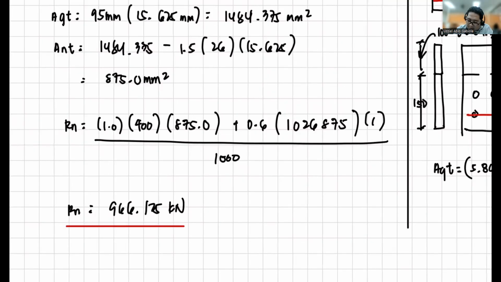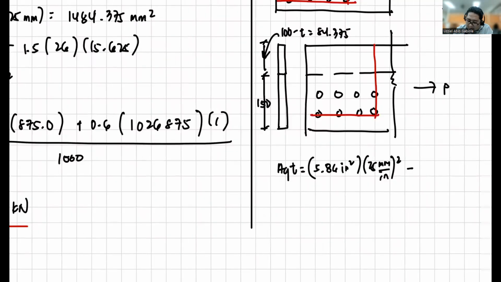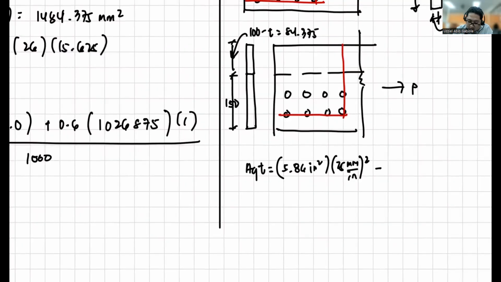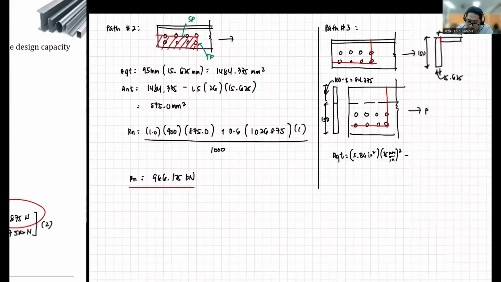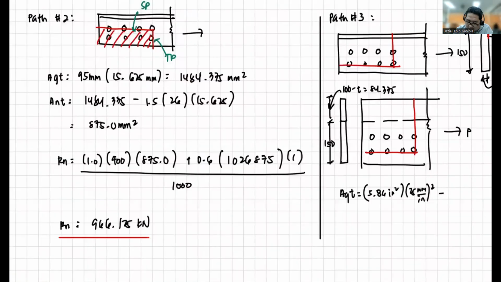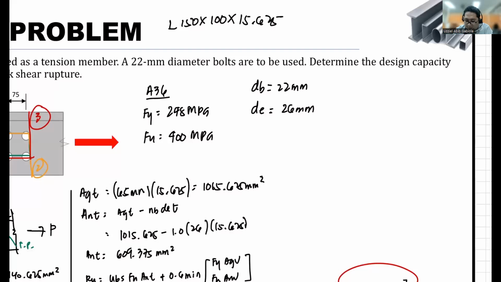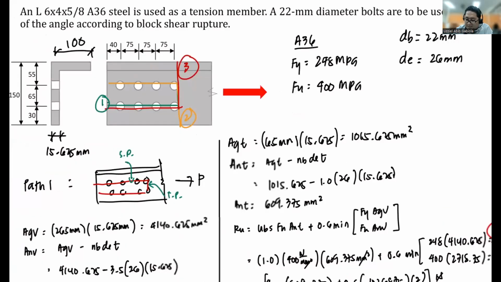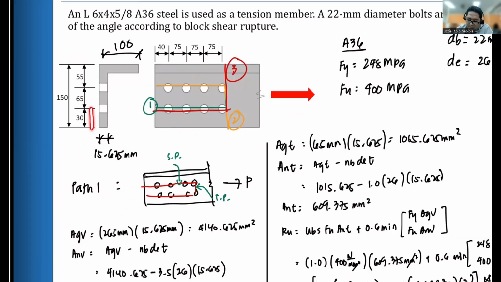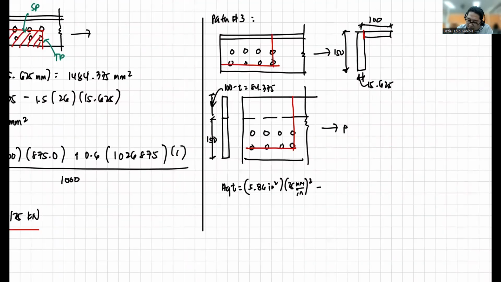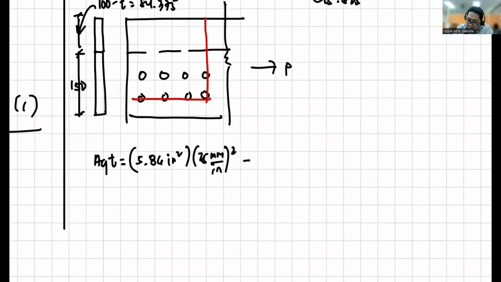Okay? So that is, itong portion na to is 30. Okay, minus that is, ayan, 30 tong distance na to, no? That is 30 minus yung thickness natin. Okay? So 30 minus yung thickness na 15 mm, 15.625 mm.